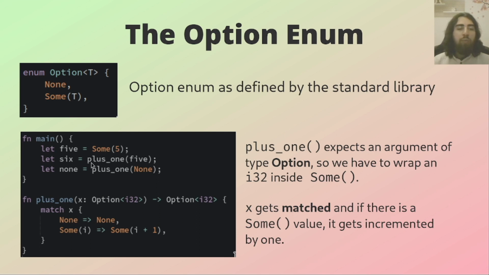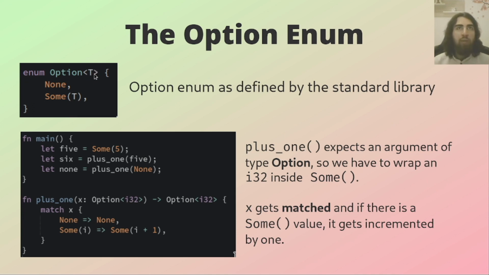And then over here, we are calling the function plus_one, providing it five. So let's see here. As you can see, the argument should be of type Option, and the type parameter here would be i32. Now we have to provide a concrete type for this generic type parameter.